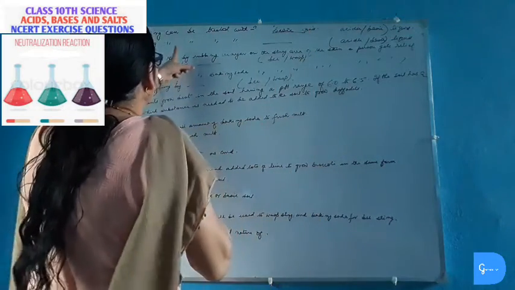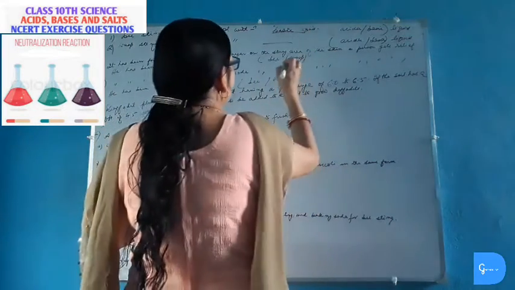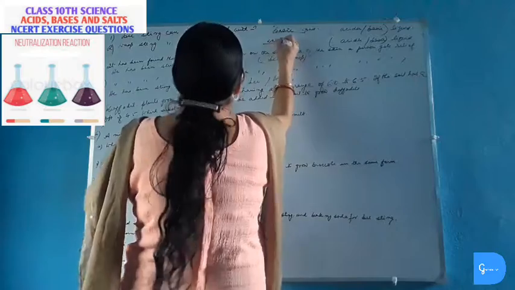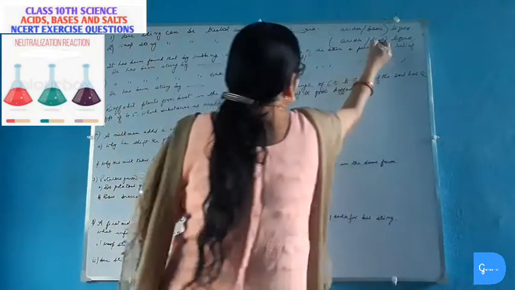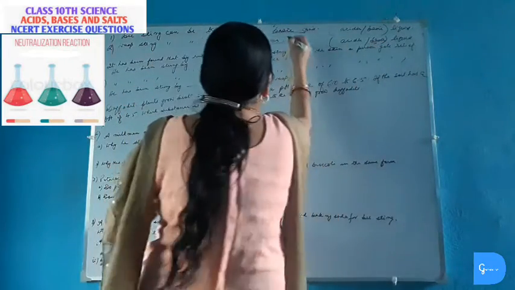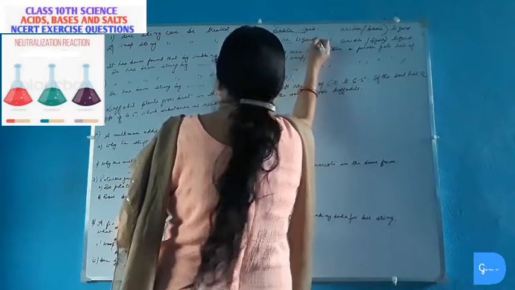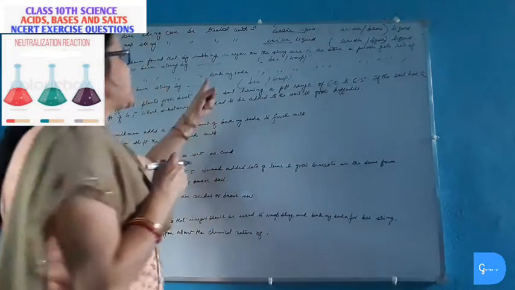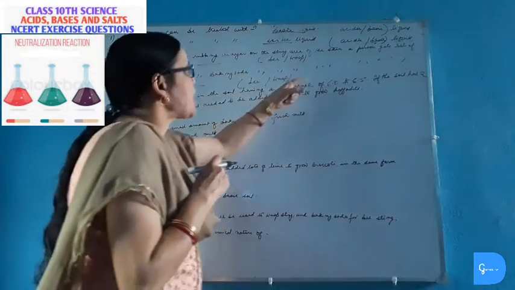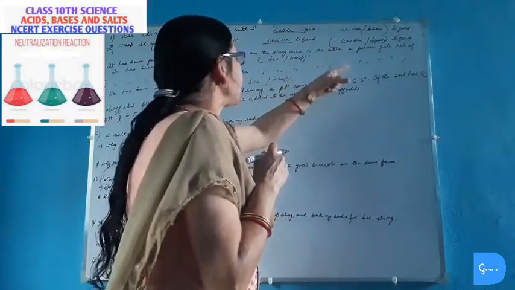A wasp sting can be treated with acidic liquid because a wasp sting contains a basic liquid, so it must be treated with acidic liquid. It has been found that by rubbing vinegar on the stung area of the skin, a person gets relief.